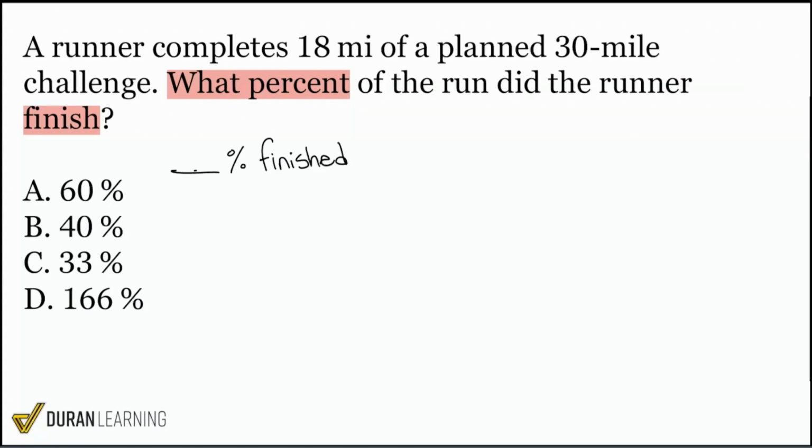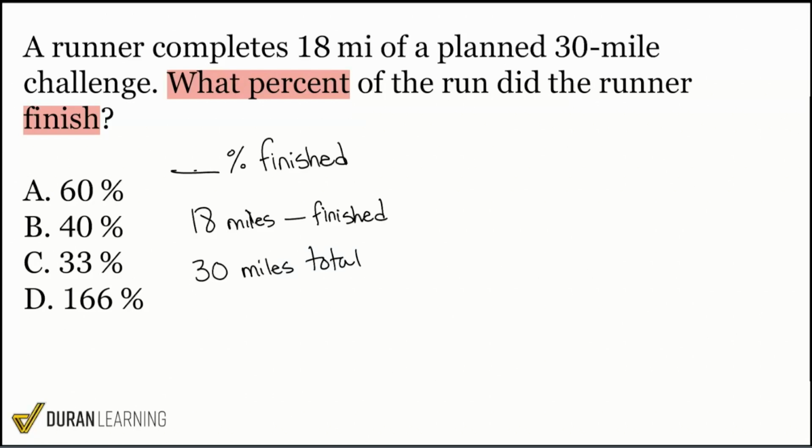It says a runner completes 18 miles of a planned 30-mile challenge. Okay, so 18 miles are complete or finished, and then 30 miles is the total.